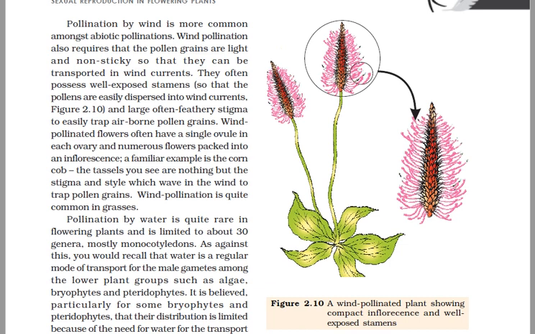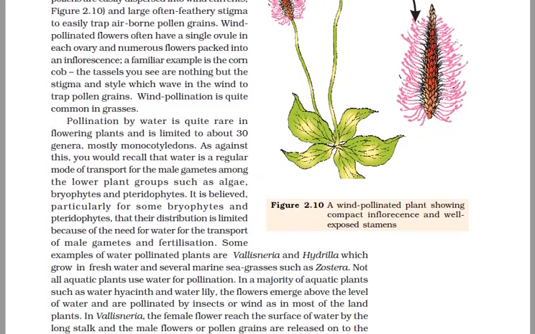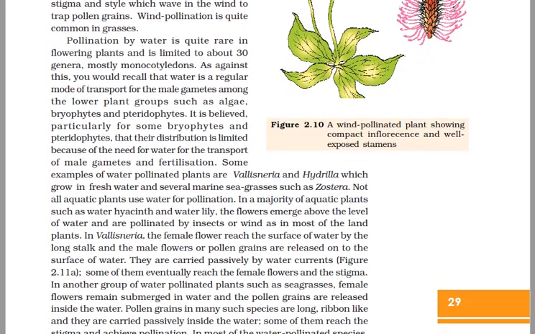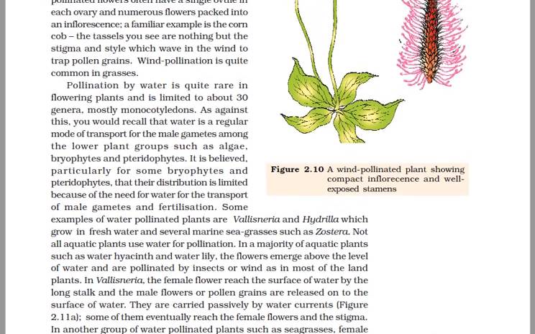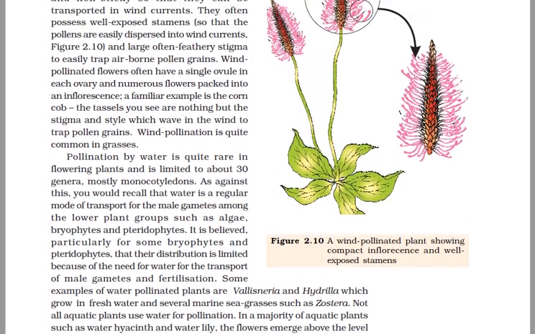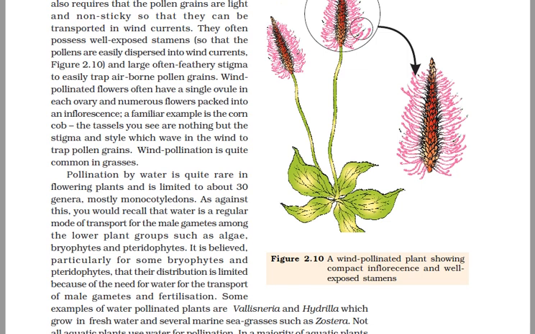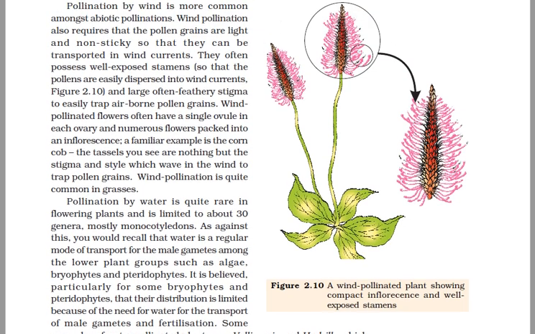Here you can see on page number 29, figure 2.10. It is a wind pollinated flower showing compact inflorescence and well exposed stamens. This is telling you about the tassels.